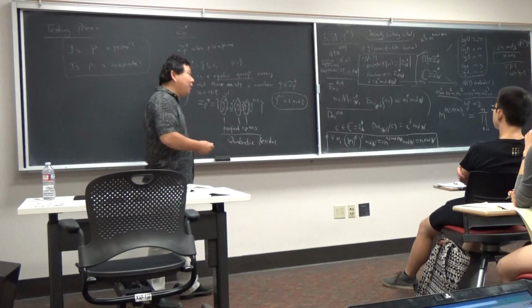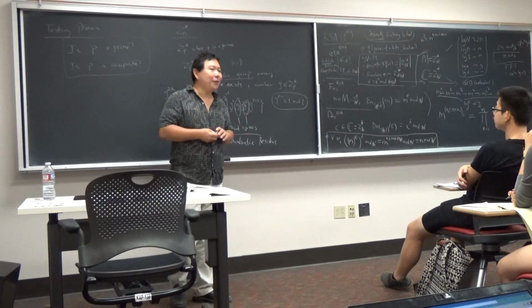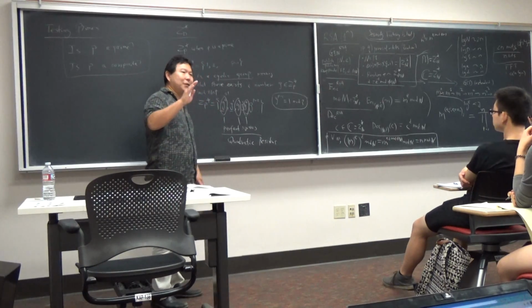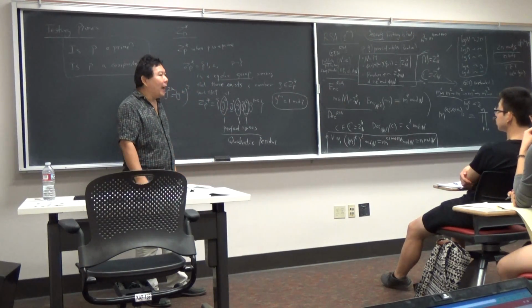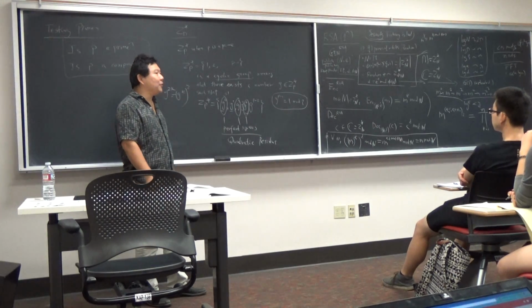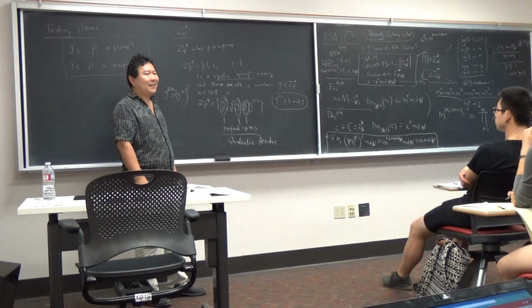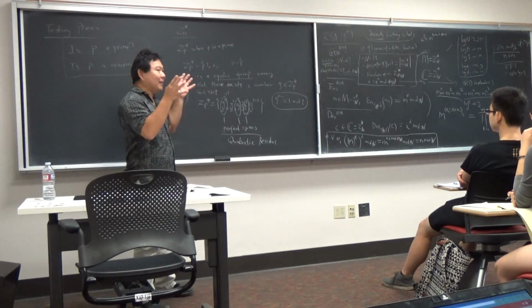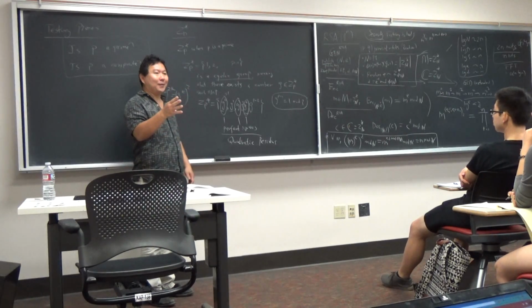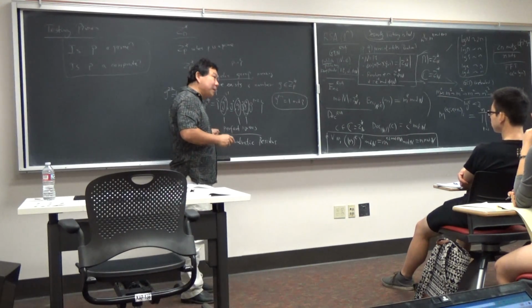So if we mathematically encode 0, 1s, perfect squares mod p are 0, non-perfect squares mod p are 1. I can flip coins. All I need to do is choose a random number and mod p. Even though you may not be able to test the thing yet, I know I choose uniformly. I flip a coin. So this is how a coin flip can be done in number theory.